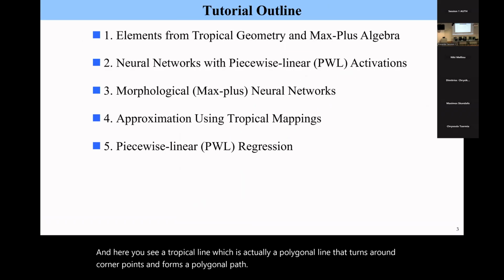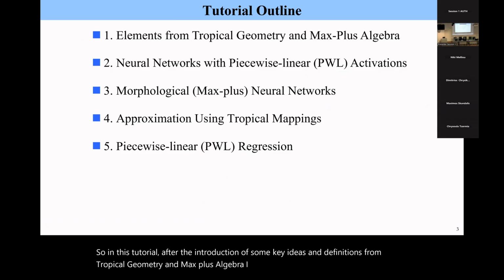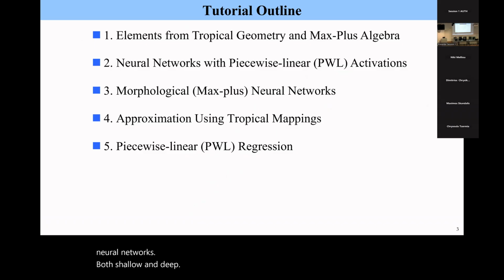So in this tutorial, after the introduction of some key ideas and definitions from tropical geometry and max-plus algebra, I will show how these tools can be applied to neural networks, both shallow and deep, which contain piecewise linear activations.